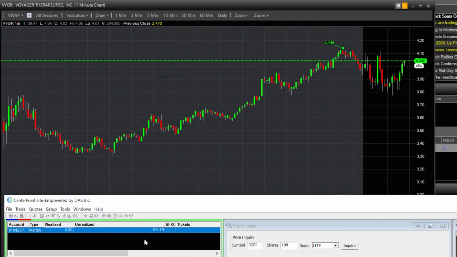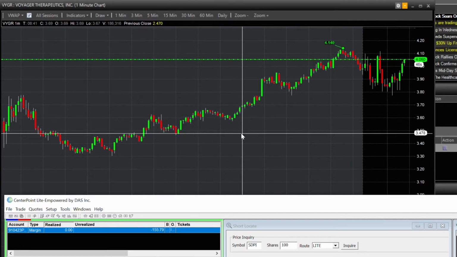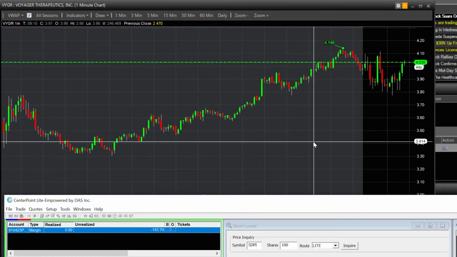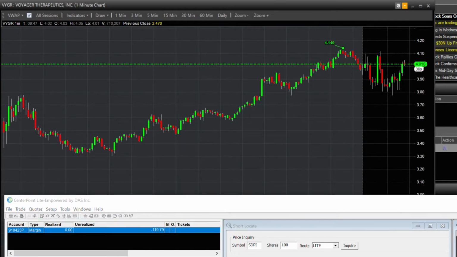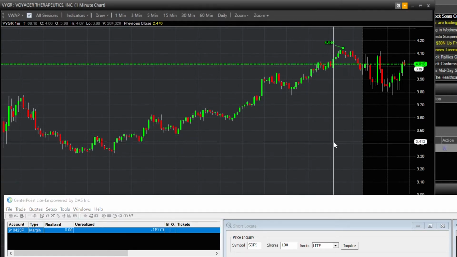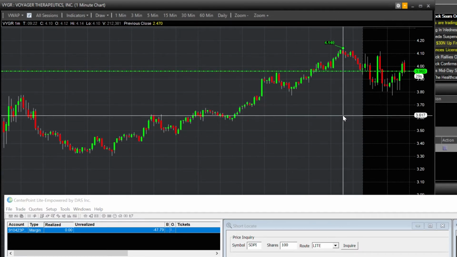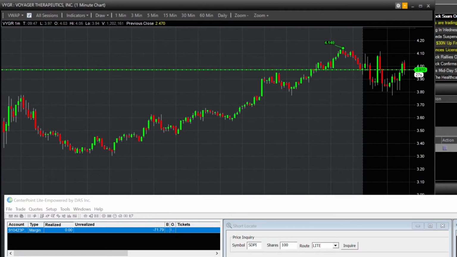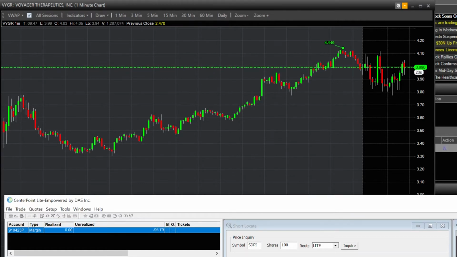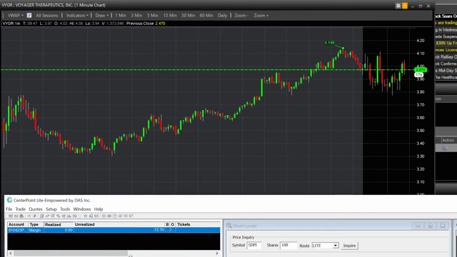And also I'm reducing my risk for this particular trade. So let's say my normal risk is around $500 or $1,000. For this trade, I'm definitely going to be on the shorter side. So I'm going to throw another 100 shares. Yep, added another 100.